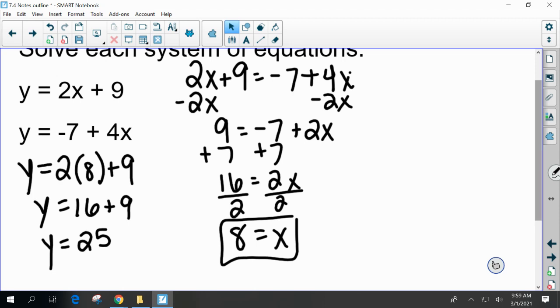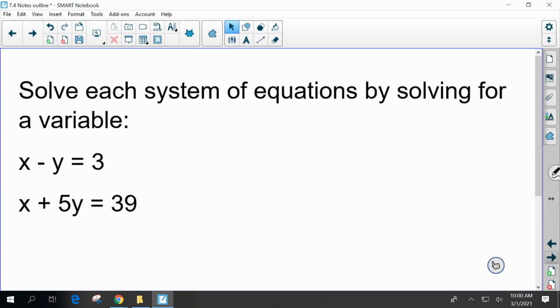So we would get x equals 8 and y equals 25. Okay, next problem.